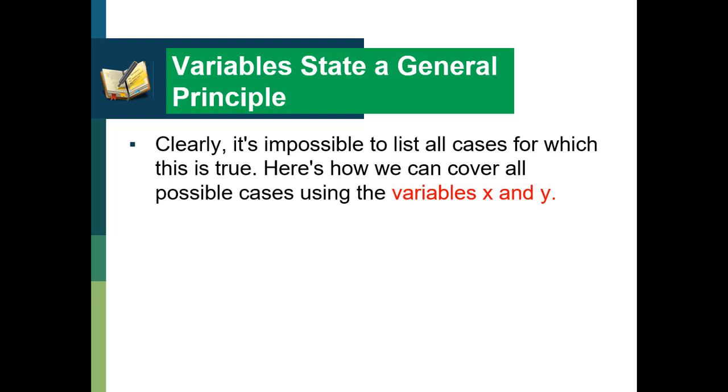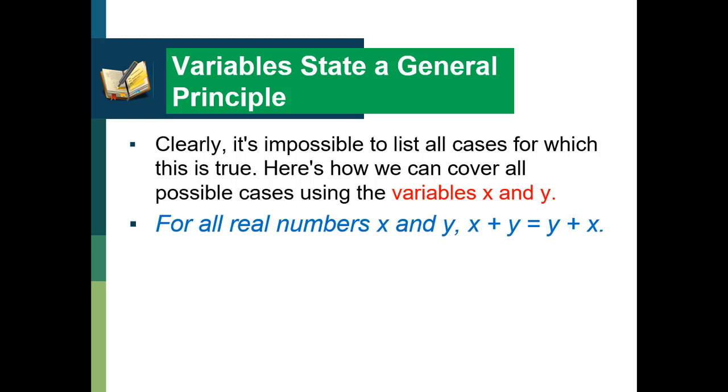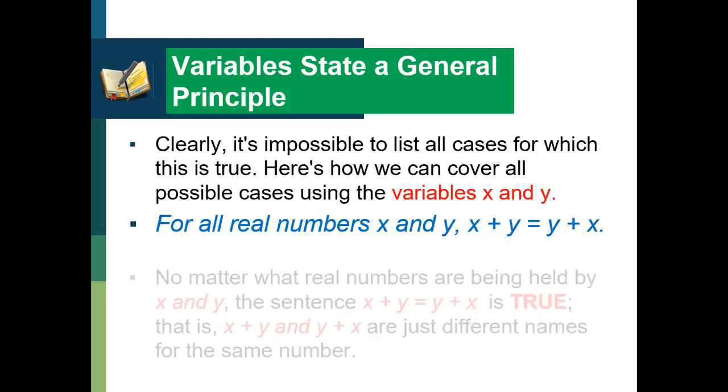Here's how we can cover all possible cases using the variables x and y to represent the real numbers. That is, for all real numbers x and y, x plus y is equal to y plus x. See, though we haven't written all the elements of real numbers that can satisfy the property, we can represent them through variables x and y.